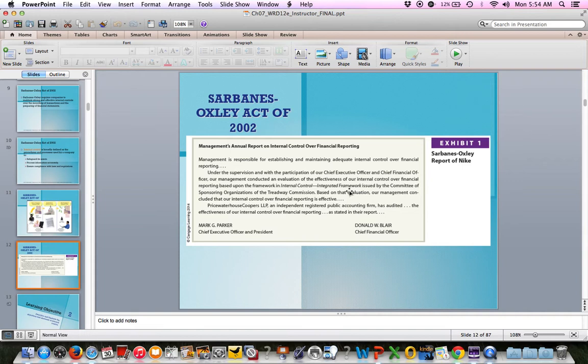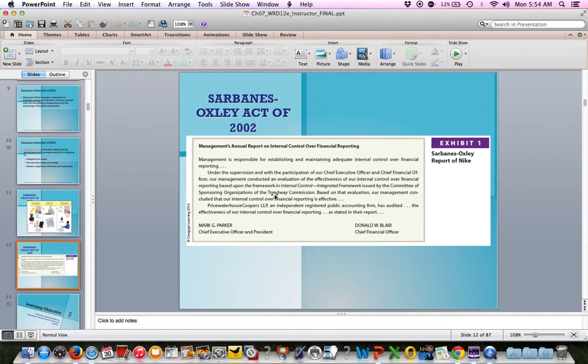And there's basically something called the Treadway Commission, which has been around for a really long time. Basically it's made up of members of lots of interested parties that are interested in having good controls. That, of course, is representatives from industry, education, government, various industries, AICPA, and so on.